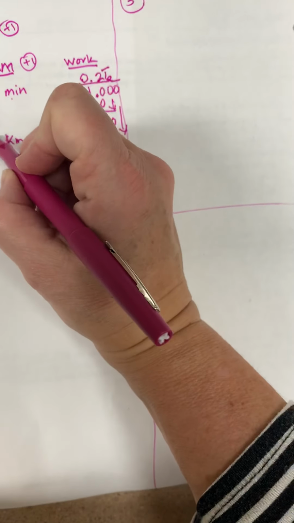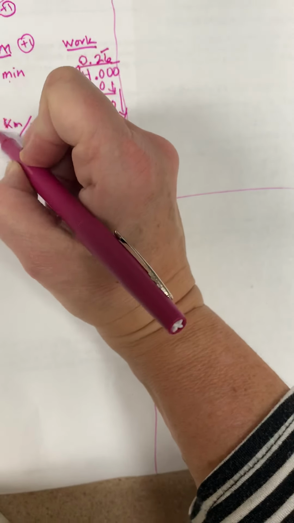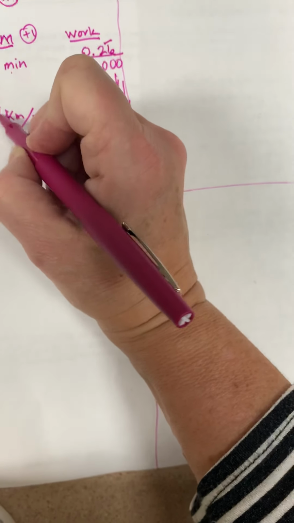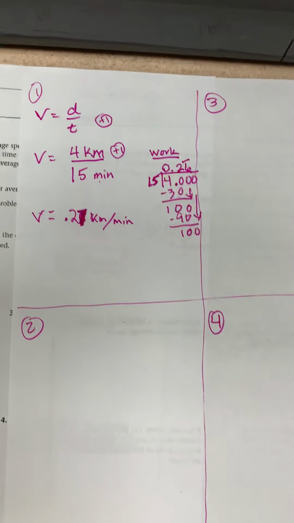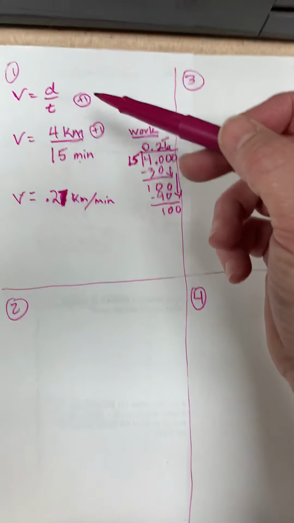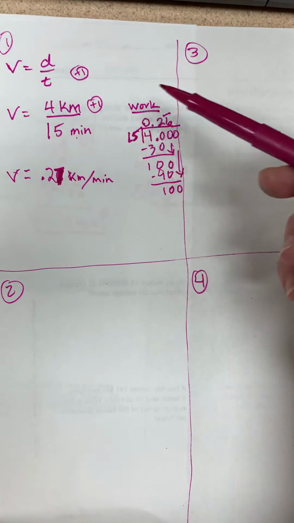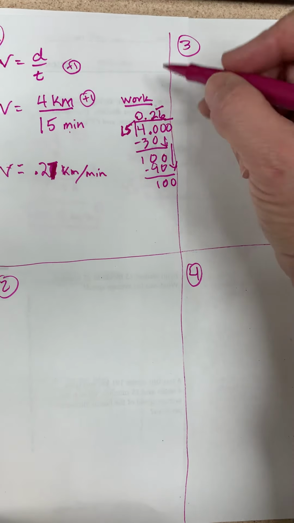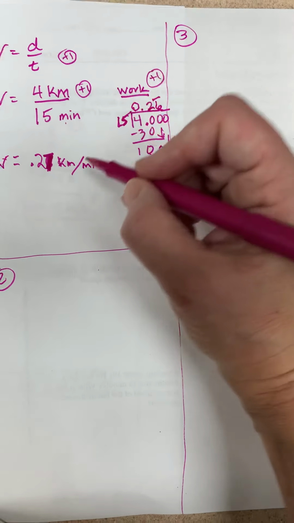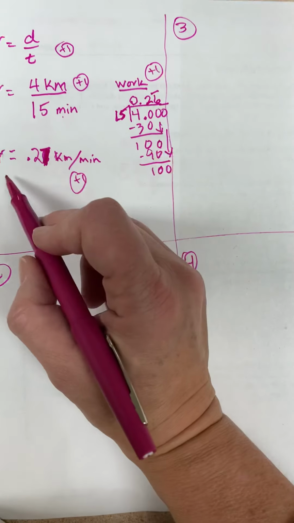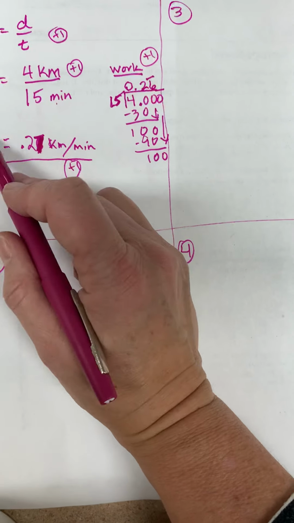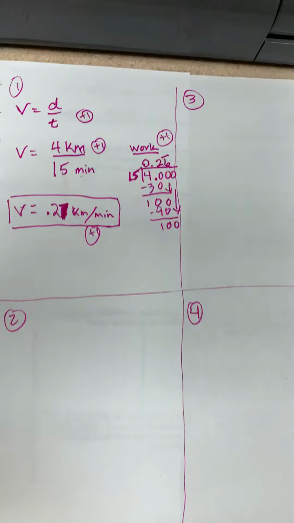Oops, rounded to the nearest hundredth would be 0.27. And there's your work. So you have formula, replace the variables with your numbers in this sequence, your work credit, and your answer with units rounded to the hundredths, and a box around it.